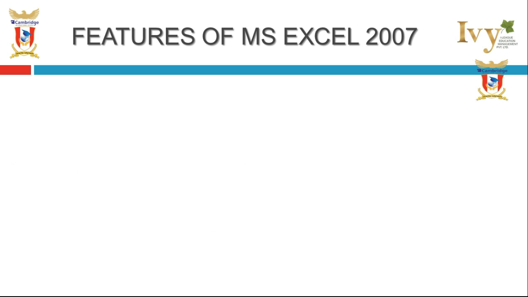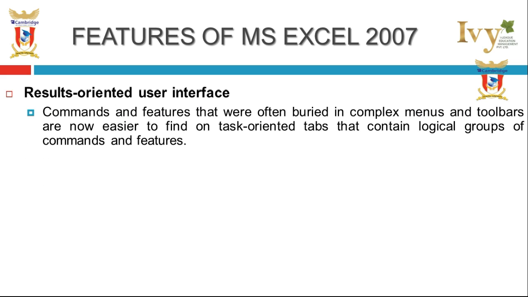Next, we'll discuss features of MS Excel 2007. So the first feature is the results-oriented user interface. User interface means the screen with which you are going to interact. That means when you open Excel, that screen is known as the user interface of Microsoft Excel.